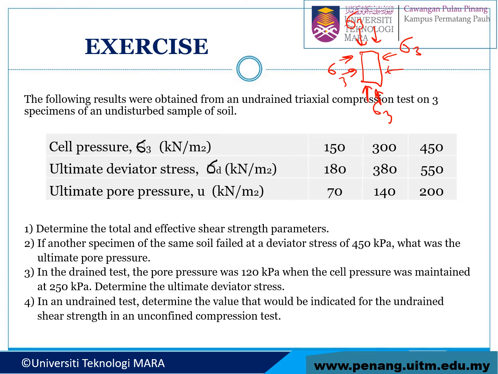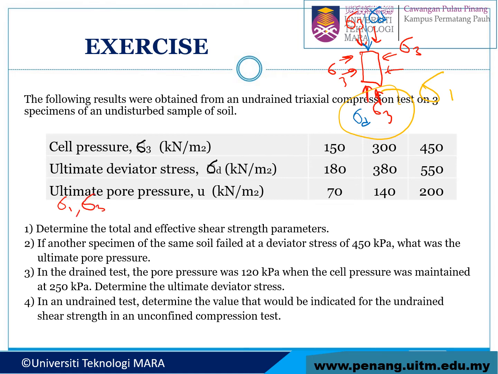And then we have the stress here, which is the deviator stress, sigma d. So here we have sigma 1. For total, sigma 1 is sigma 1 and sigma 3 is sigma 3.